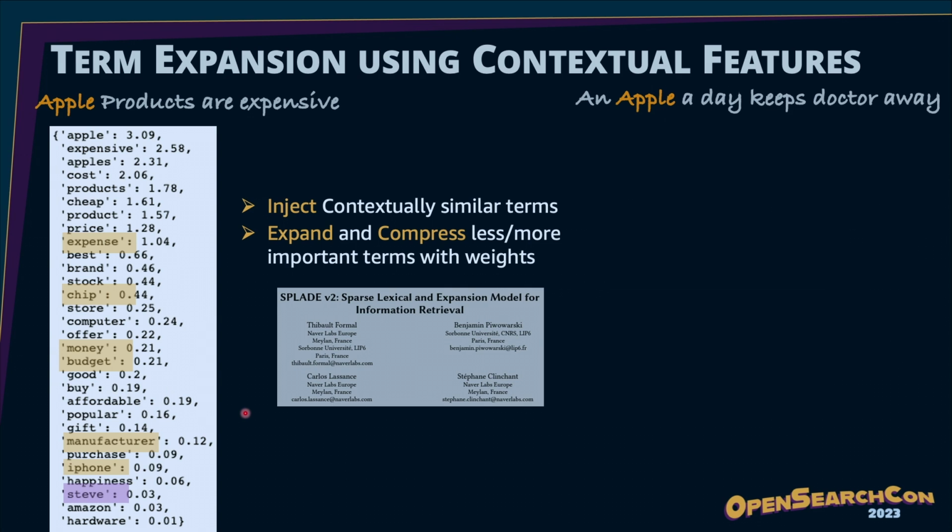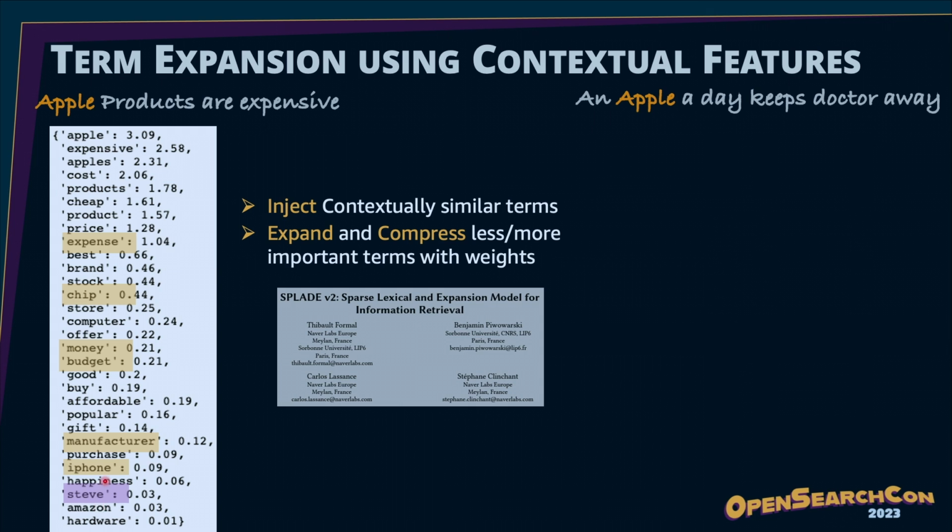When this was put into the SPLADE model, again a SPLADE function, you can think of it as a function. So what happened is these were the list of terms that were injected as new contextually similar terms, something like expense, chip, iPhone. Also we get Steve Jobs, mapping to Steve Jobs.